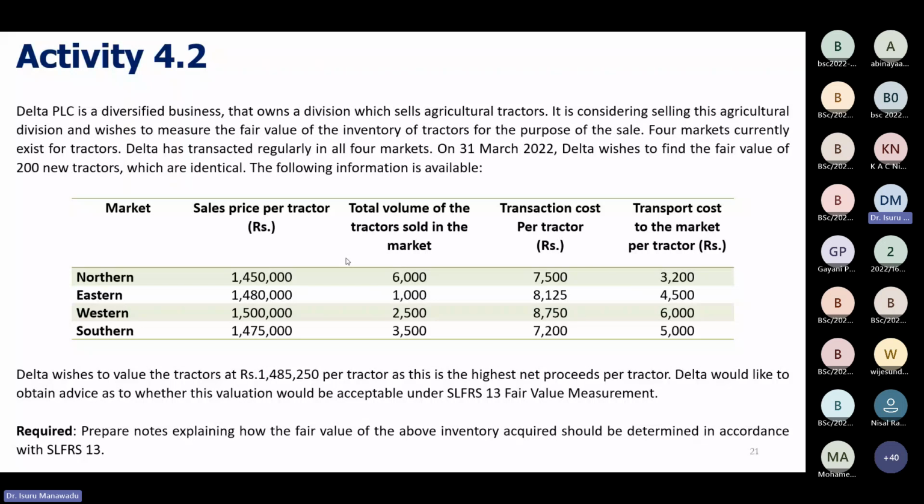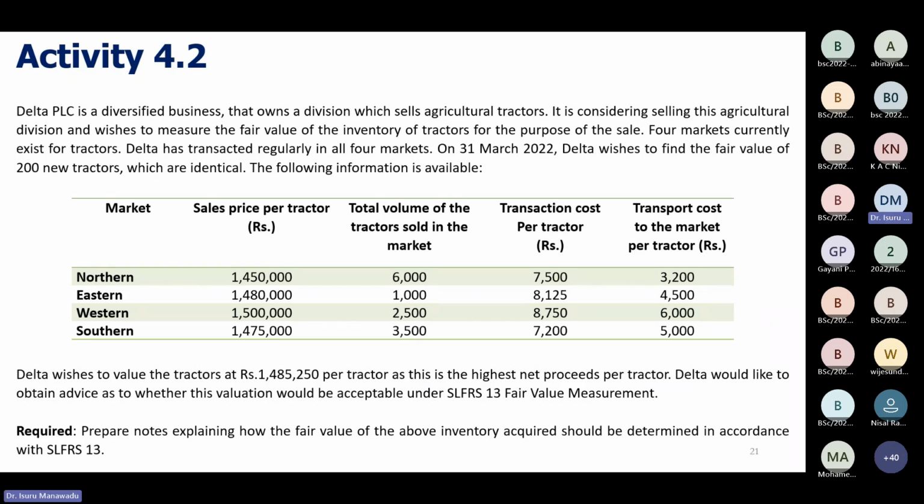Right, we'll discuss the answer now. Delta PLC is a diversified business that owns a division which sells agricultural tractors. It is considering selling this agricultural division and wishes to measure the fair value of the inventory of tractors for the purpose of the sale.